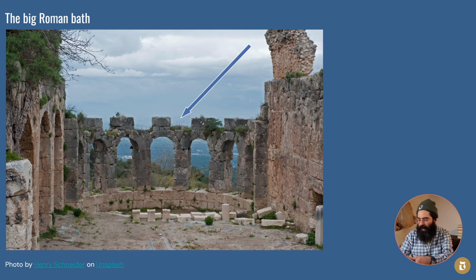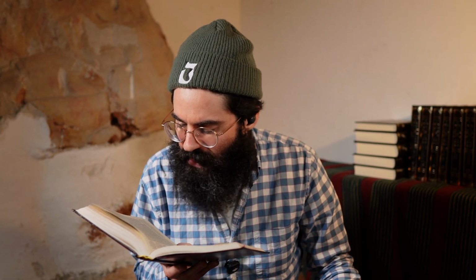So we're talking about something that was closed on all 4 sides, but there were these windows on all 4 sides. In that case we're saying that it needs a mezuzah, because even though there are those windows, it is closed on all 4 sides.